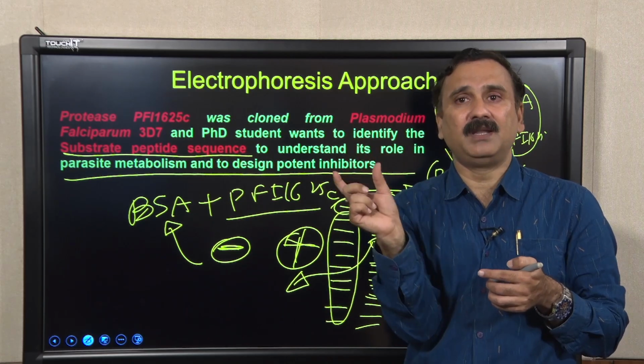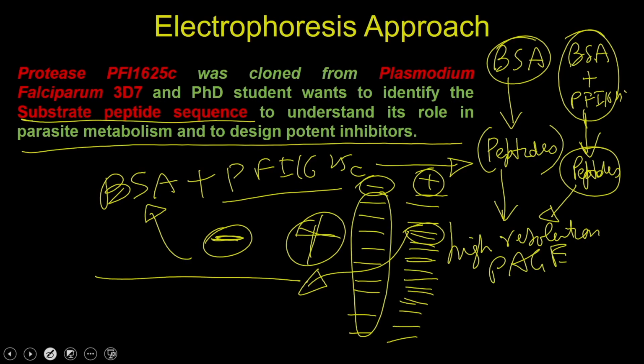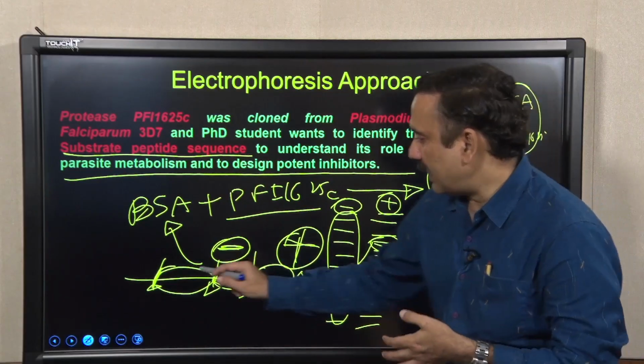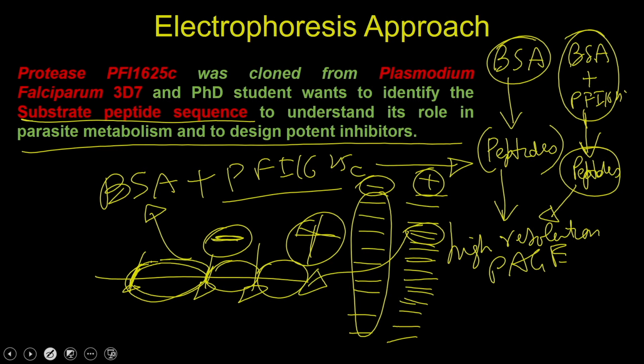Suppose this is a protein. If it has been chewed up at multiple places by PFI 1625C, this is the peptide you are going to see in the sample. Once you have the ends of this particular peptide, if you use protein sequencing or proteomics approaches, you are going to get the sequence of this peptide.